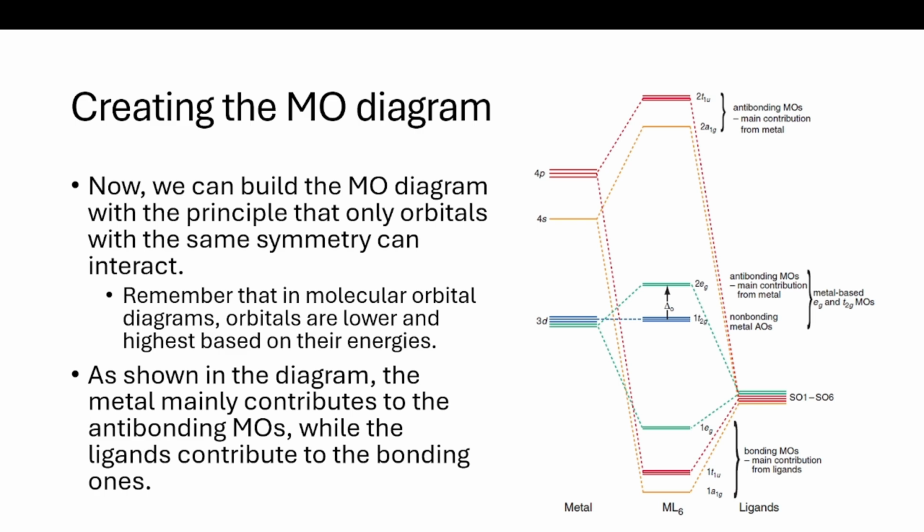Meanwhile, we're also going to get some anti-bonding molecular orbitals from the metal. And finally, at the top, we have anti-bonding molecular orbitals, which come from the metal. So what you need to know is that when ligands donate electrons into these bonding molecular orbitals, that complex will be further stabilized and will get its energy lowered essentially.